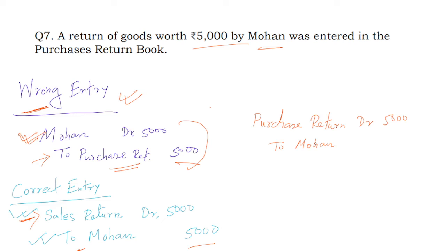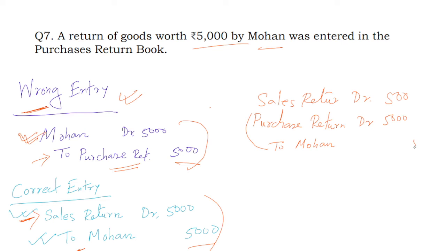Okay, so we have to make one journal entry, no? So this way we are making. Next, sales return, this is the correct entry, so we are also making this correct entry. In one entry we are showing sales return debit. First we have reversed this, then we are posting this one.